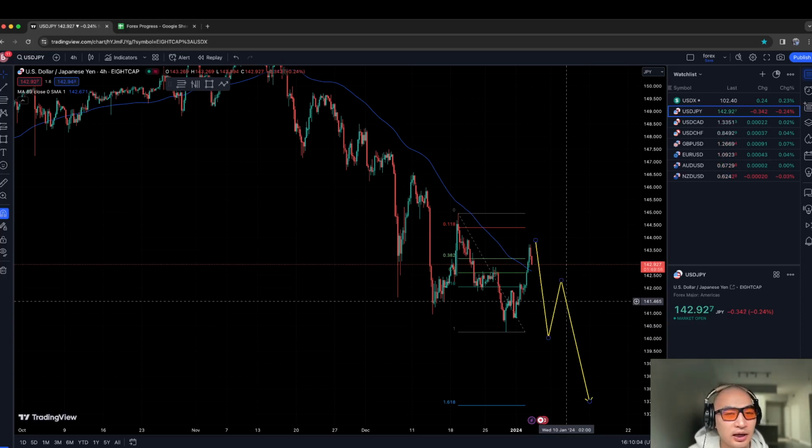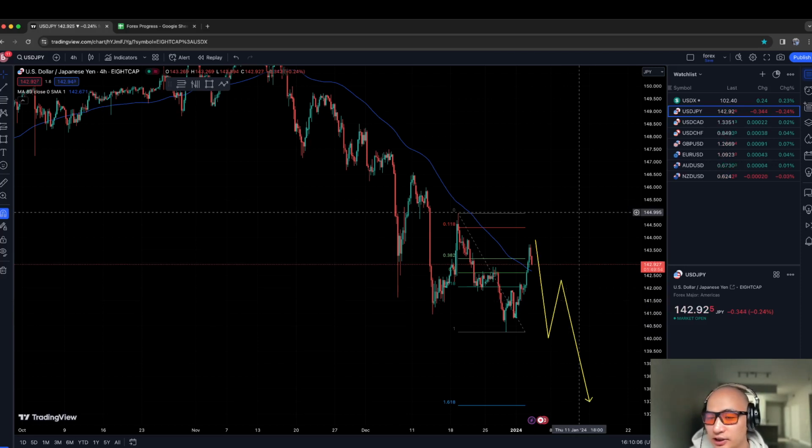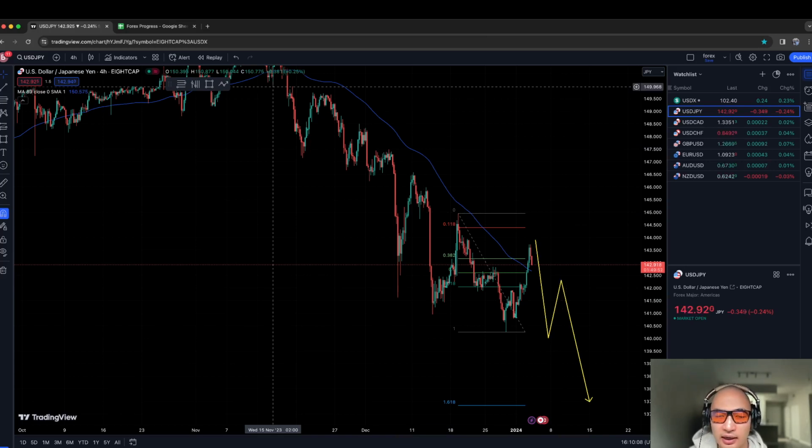Okay. Now at this point, I just have to wait. I don't have to make any trade. I'll just wait for the extra few candles for the confirmation of the dollar direction. Then I'll start trading.